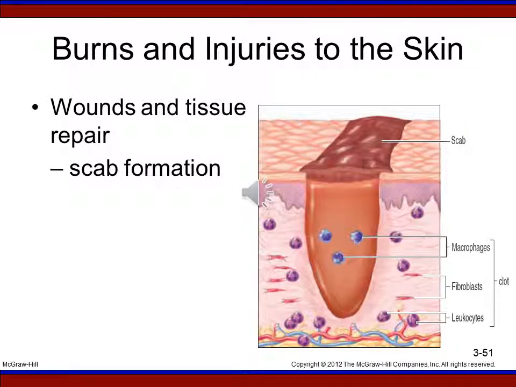Here in figure 3.28b, this illustration shows what occurs when the skin has been lacerated. After a clot has been formed, okay, what cells arrive to clean up the debris? Macrophages. You see those blue pictures right there in the middle? Those are macrophages.